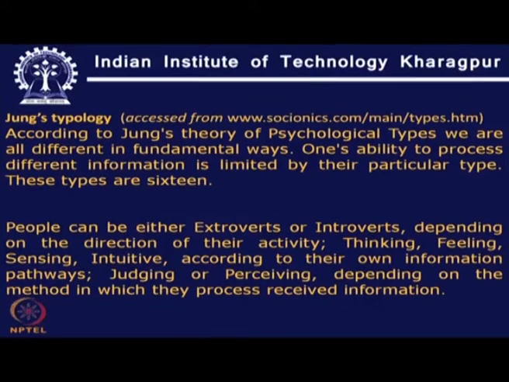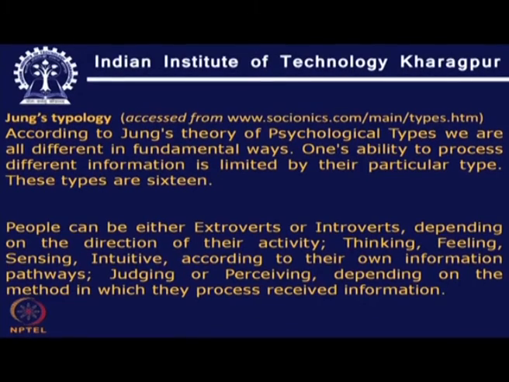The next classification is of course Jung's typology. According to Jung's theory of psychological types, we are all different in fundamental ways. One's ability to process different information is limited by their particular type, and he said there are 16 types.